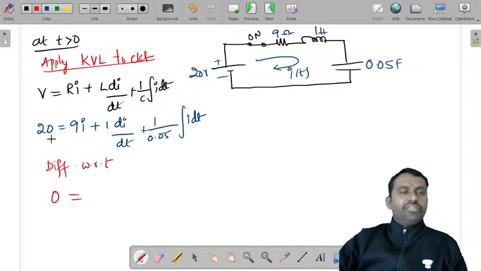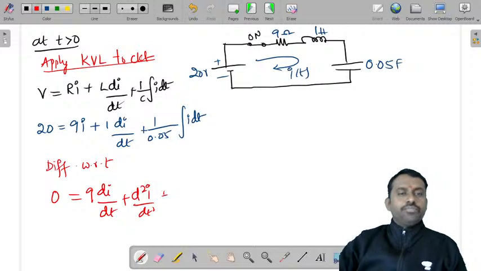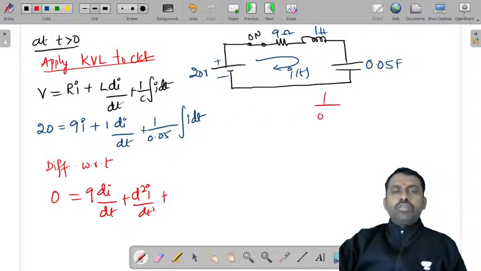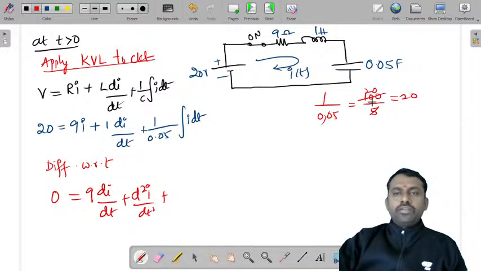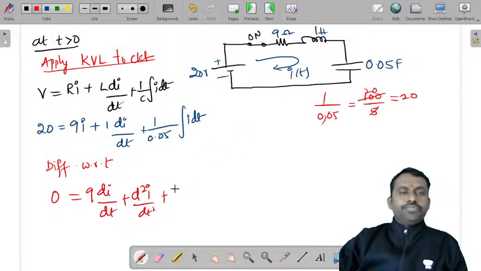We'll get 0, as the differentiation of 20 is 0, 9 into di by dt plus 1 into d square I by dt square plus 1 by 0.05, which is 100 by 5. That's what you'll write, right? So 100 by 5, 5 twos are 10, so it is 20. So this is 20 integral I dt.